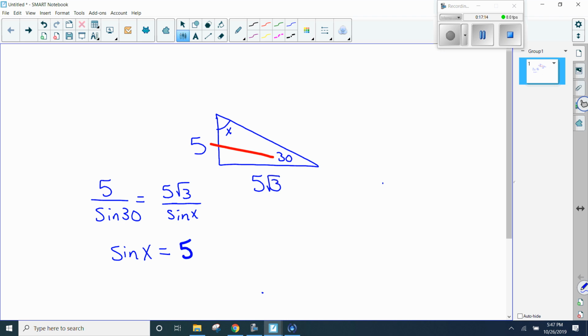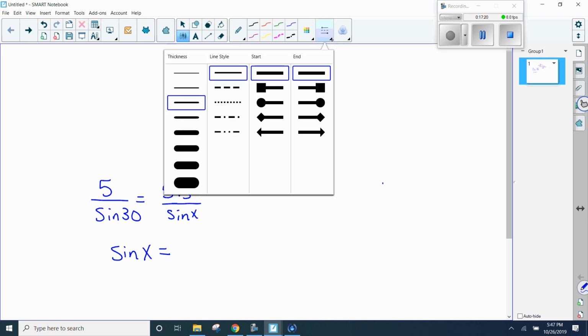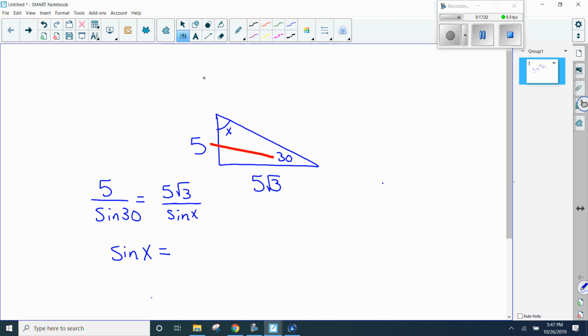So you're going to cross multiply, and then you're going to divide by that 5, and that's what the sine of x, or that box, is going to be in your proportion. So the sine of x is equal to 5 radical 3 times the sine of 30 divided by 5.